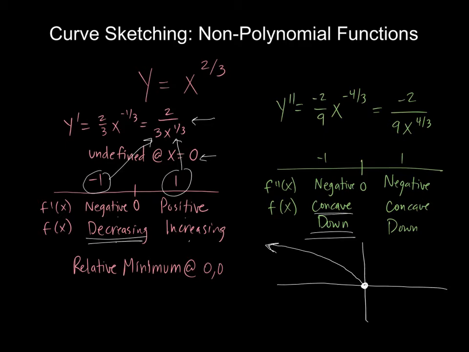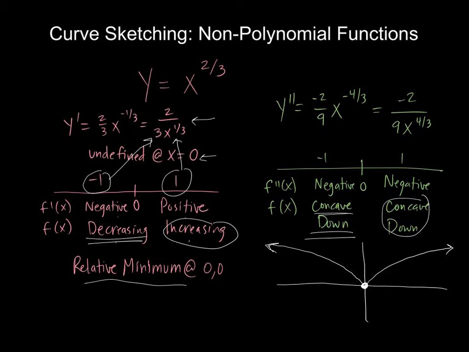Now we have an undefined derivative at 0, 0, and this is a sharp point. It's a relative minimum, but it's also a sharp point. After 0, 0, I need to increase but still be concave down. That looks like this. Okay, an undefined derivative, then increase while concave down to an undefined derivative, then decrease, then increase after that.